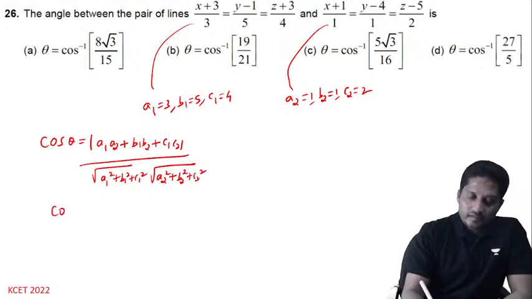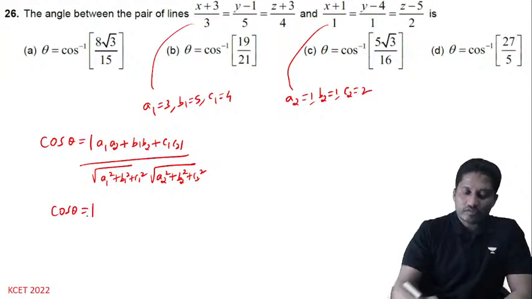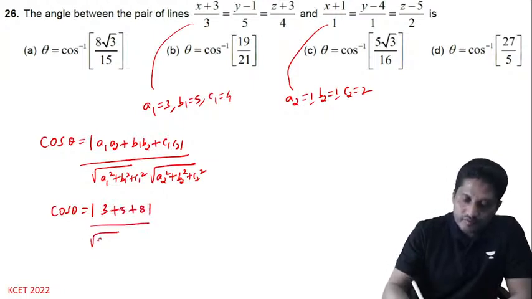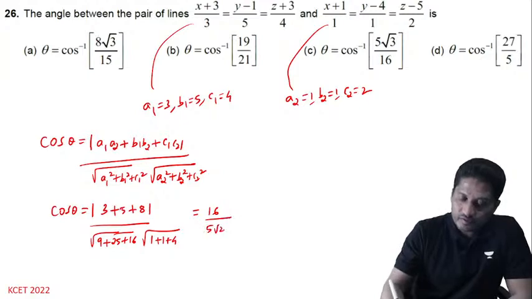by root of a1 square plus b1 square plus c1 square into root of a2 square plus b2 square plus c2 square. Now cos theta is equal to modulus of a1 into a2 is 3, b1 into b2 is 5, c1 into c2 is 8, by root of 9 plus 25 plus 16, and root of 1 plus 1 plus 4. Numerator 16 divided by root of 50, which is 5 root 2. Root 6 can be written as root 2 into root 3.